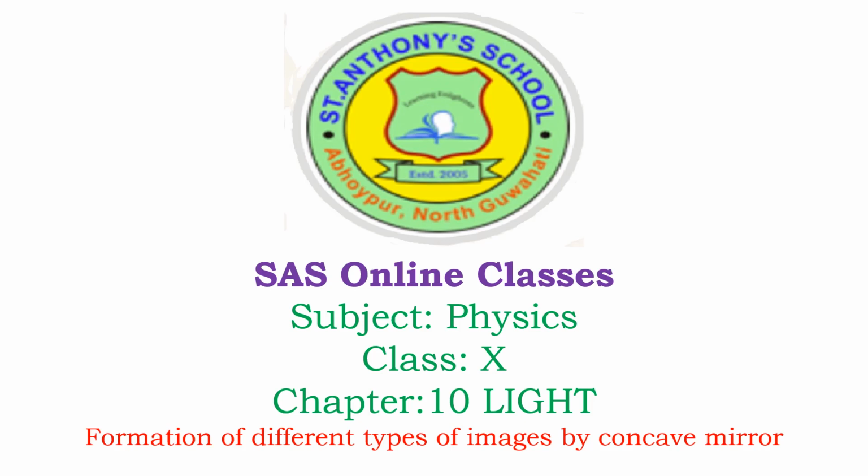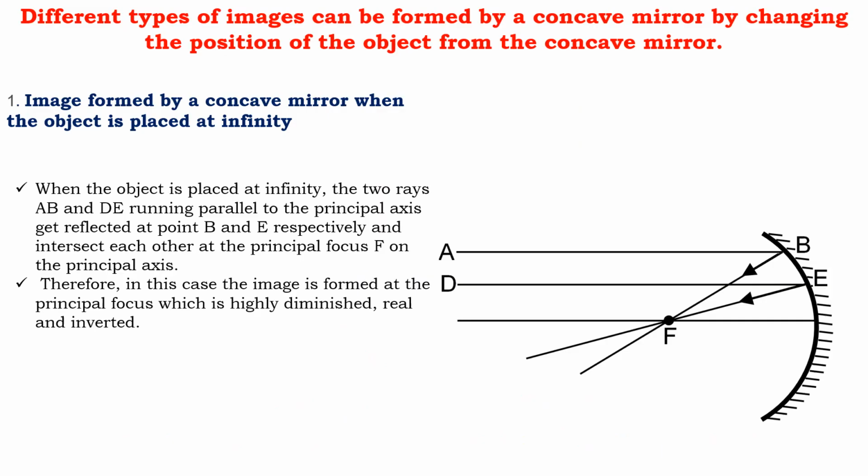So, continuing with the chapter Light of Physics, we'll see today about the formation of different types of images by a concave mirror. The different types of images can be formed by a concave mirror by changing the position of the object from the concave mirror.